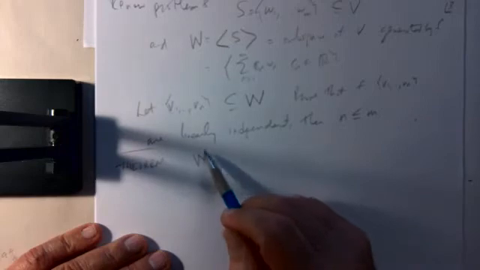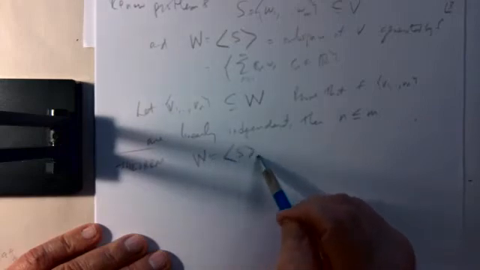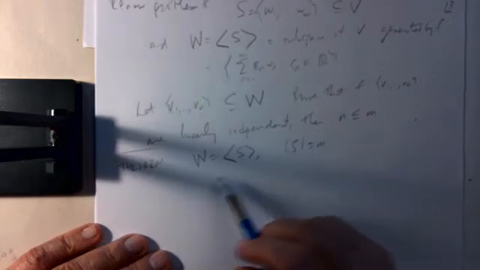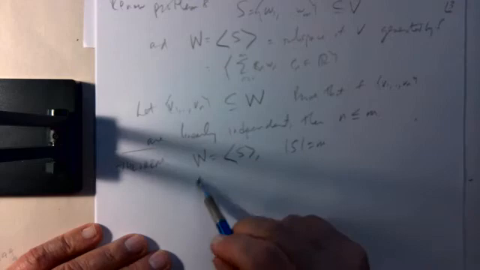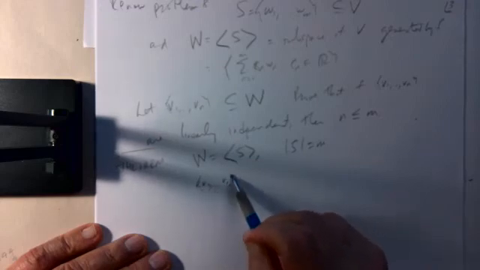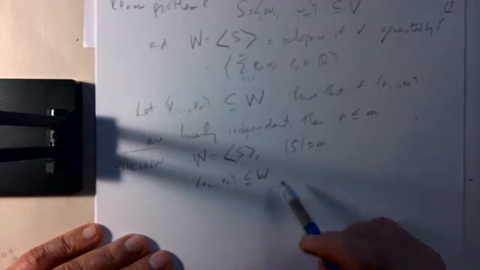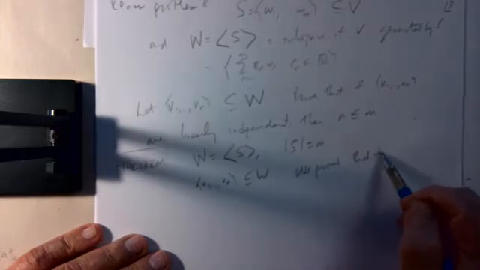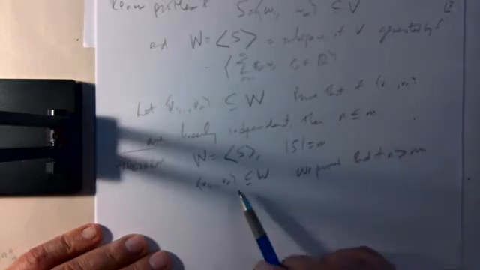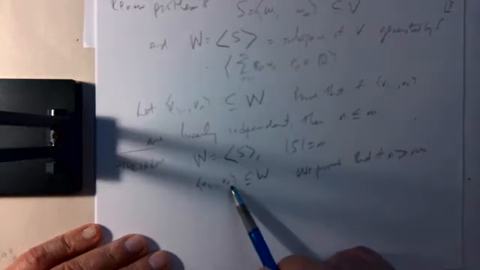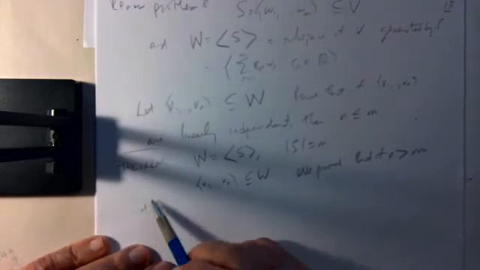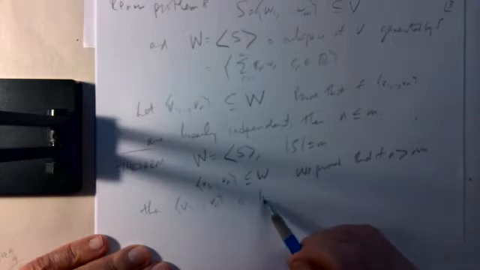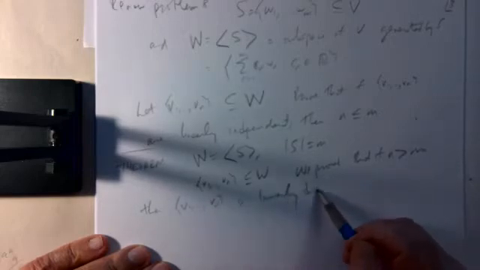So we have a vector space V generated by a set S, where the cardinality of S is equal to m, and we have a set V1 up to Vn contained in W, and we proved that if n is bigger than m, if you have more vectors in this set than vectors in the generating set, then the set V1 up to Vn is linearly dependent.